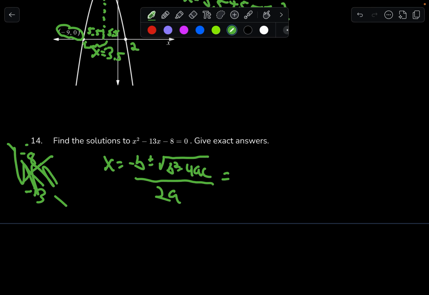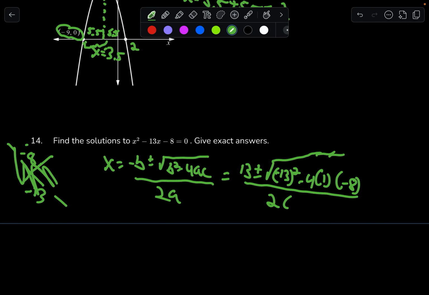And then you just plug in what a, b, and c are. So b is negative 13. The opposite of negative 13 is 13, plus or minus the square root of negative 13 squared, minus 4 times 1, that's a, times c of negative 8, all over 2 times 1.